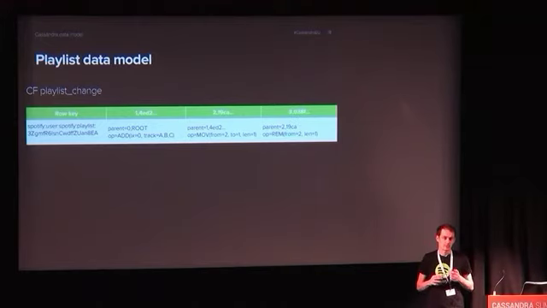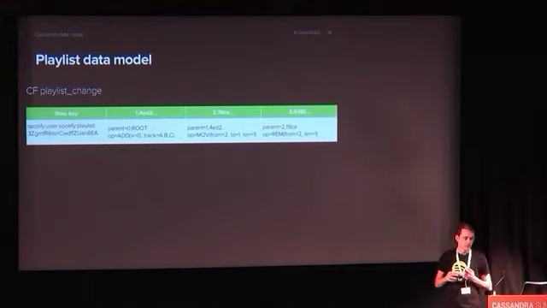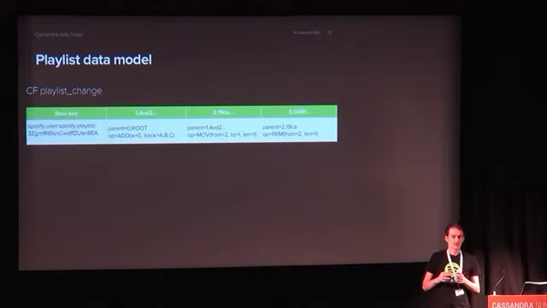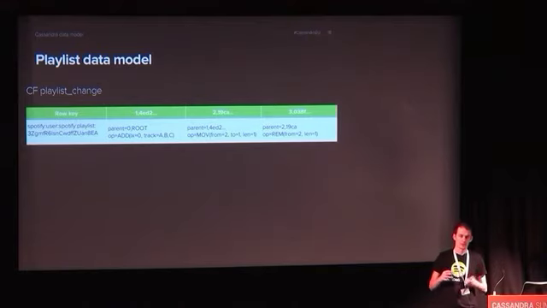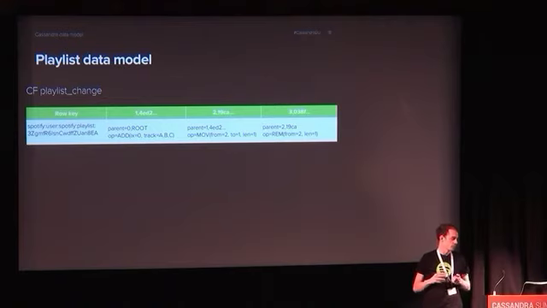So every time you make a change to a playlist, you add a new column. The name of the column is the revision number, which is assigned by the server automatically. And the actual value is the change, which is just a protobuf encoded blob of the change operation, including a reference to the previous version. So you can follow the links back and walk back in the graph. You start from the head in the graph, and you can just follow the links back up until the root.